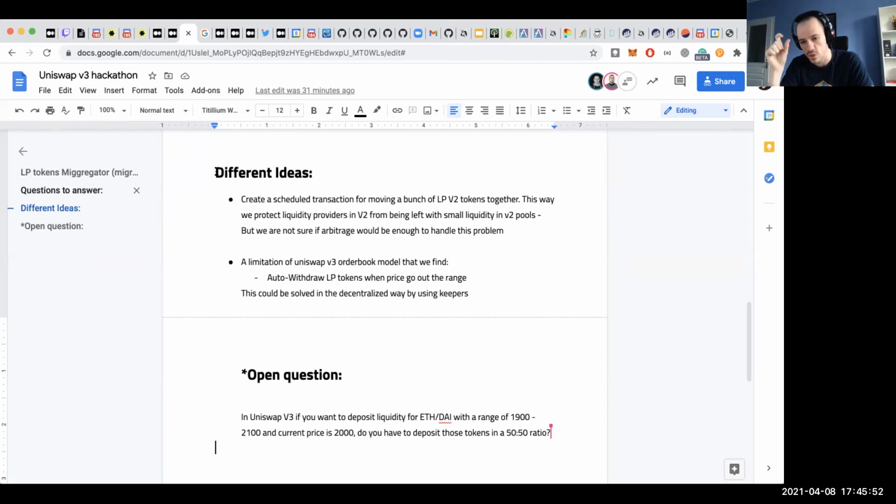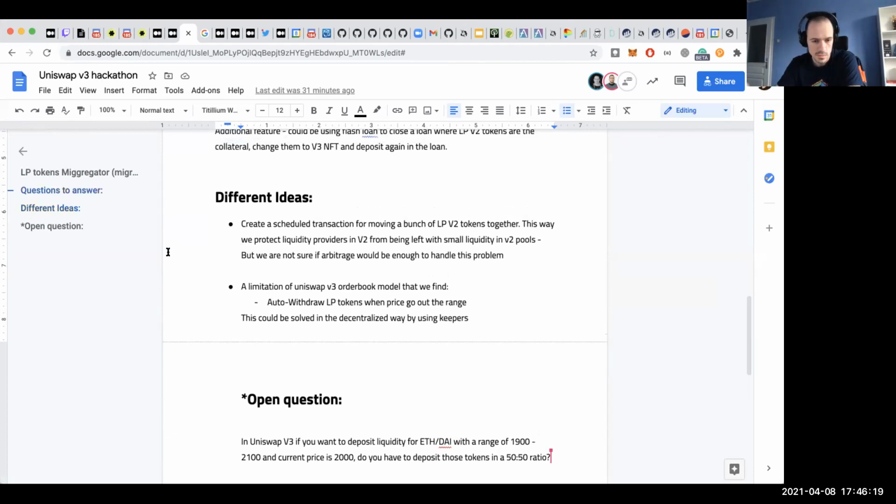If you change the range, you would need to change the ratio of the tokens you deposit. You cannot say, okay, I give you one DAI and 100 ethers and give me a range of 1900 to 2100. That's the way we thought it works, but I'm not 100% sure since Uniswap version 3 is not yet live, and on the smart contracts we couldn't conclude if that is so.